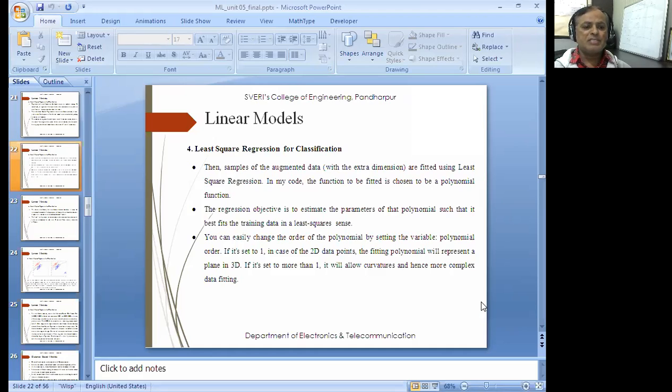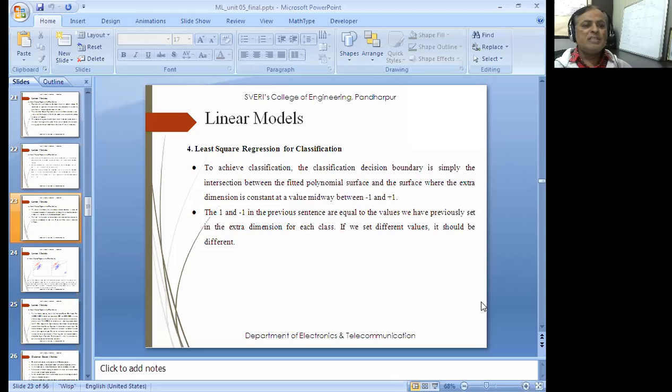If you want to change the order of the polynomial by setting the polynomial order variable, if it is set to 1, the case is 2-dimensional, and when we add an extra dimension to it, it becomes a plane in 3D. If it is set to more than 1, it allows curvature and hence more complex data fitting is possible.